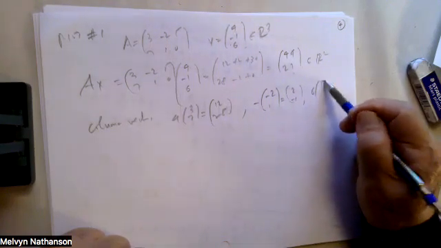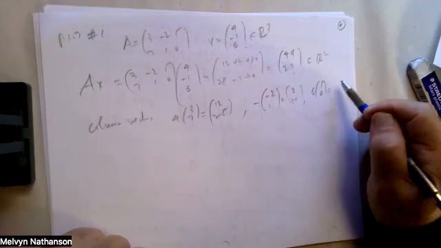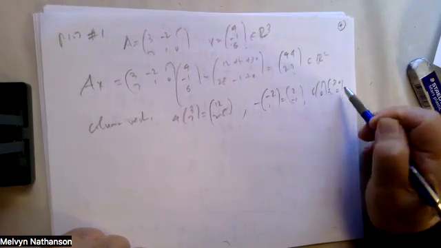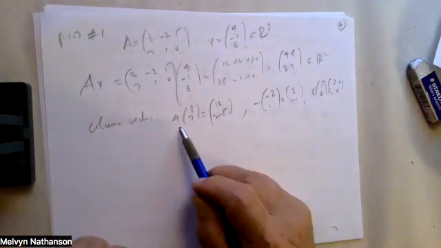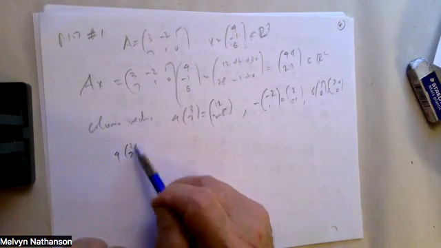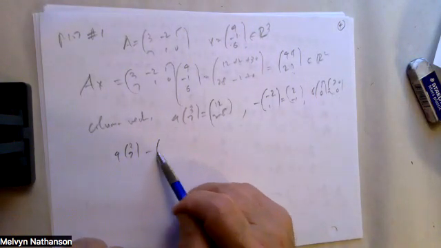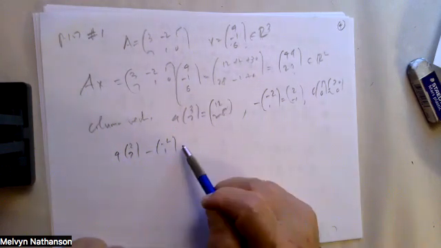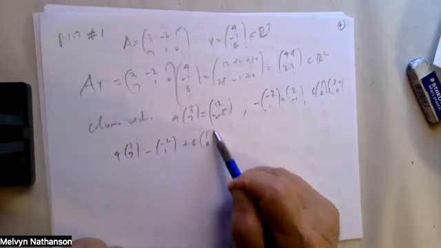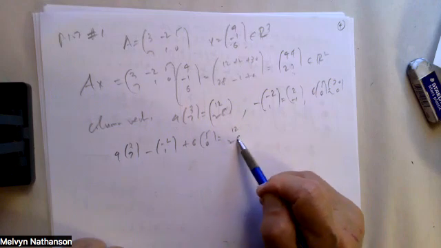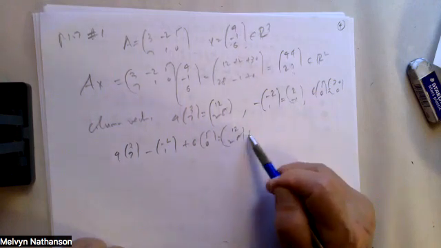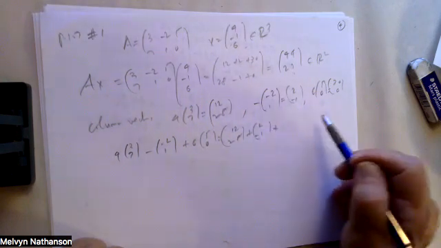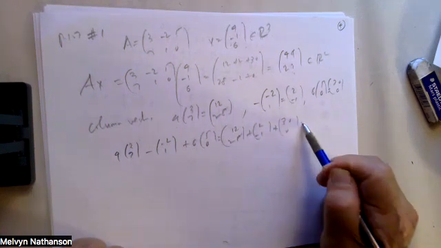And 6 times (5, 0) is (30, 0). So if I add these, 4 times (3, 7) minus (-2, 1) plus 6 times (5, 0), that's (12, 28) plus (2, -1) plus (30, 0).